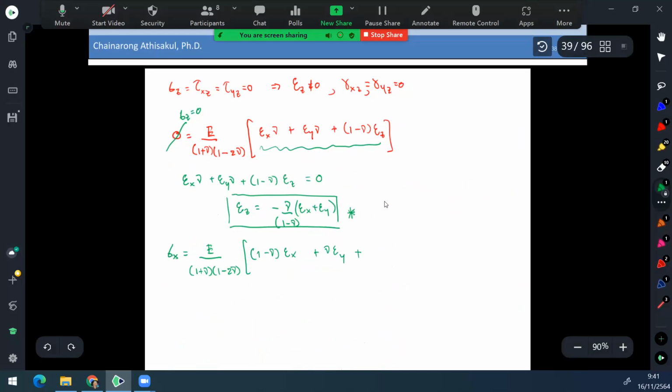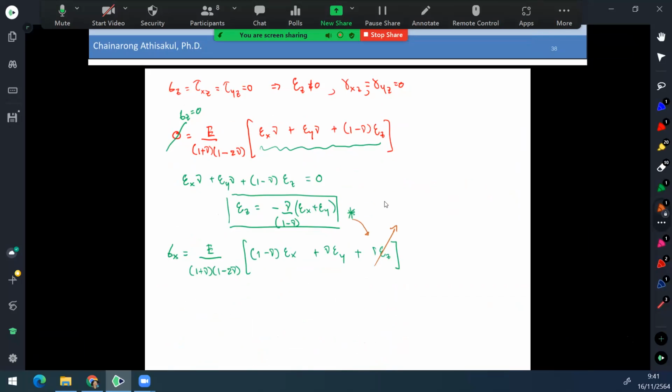And also we have nu epsilon c, which in this case is not equal to 0. But what is epsilon c equal to? We substitute this term: epsilon c becomes minus nu over 1 minus nu, epsilon x plus epsilon y.